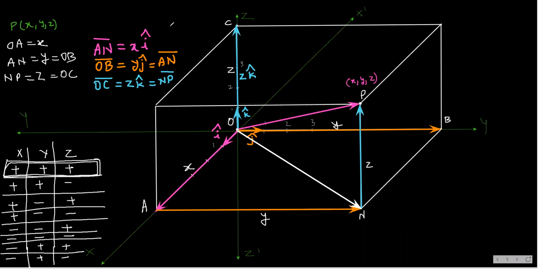So see here, what do I write? I apply the triangle law of vector addition in triangle OAN.